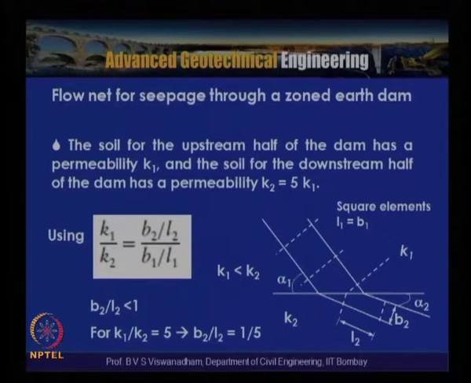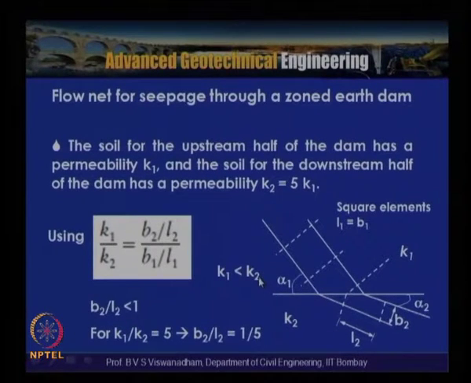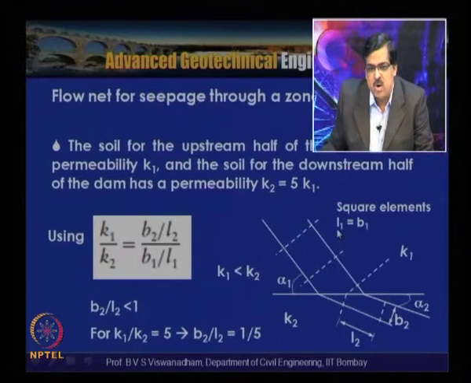So by using K1 by K2 is equal to B2 by L2 by B1 by L1, we can see that with K1 less than K2, when you have a layer of soil 1 with less permeability than soil 2, then we have square elements with L1 equal to B1 here, and this is the alpha 1, and this is the boundary between the two soils having K1 and K2. Then you can see how the flow net changes, with small rectangles here by virtue of the change of the permeability.